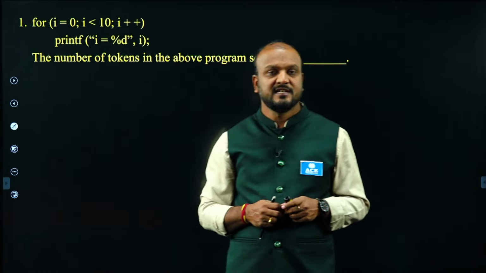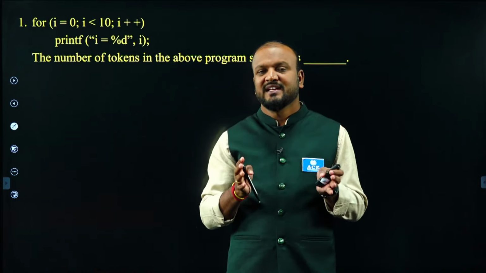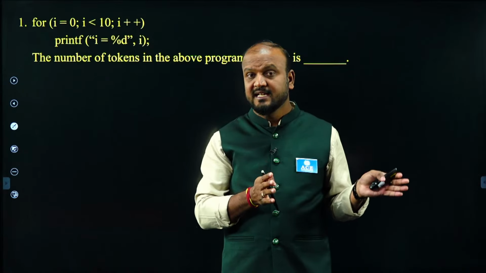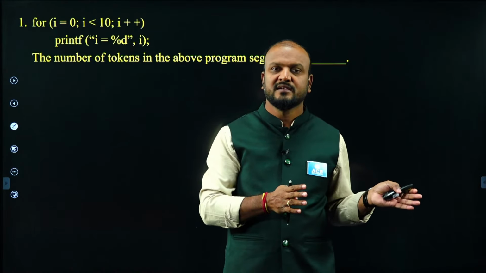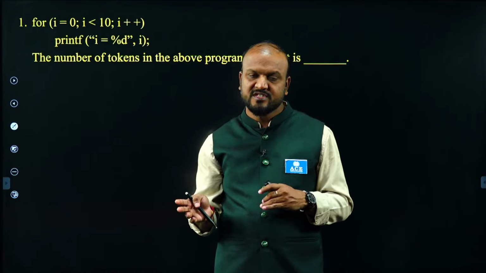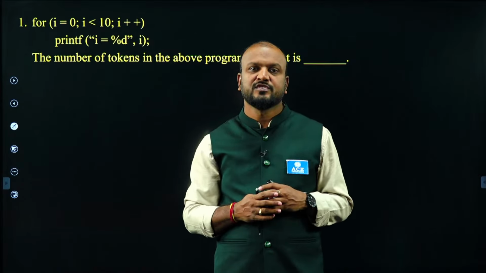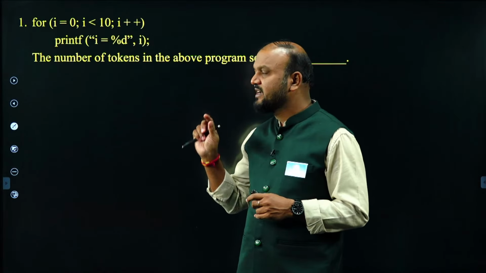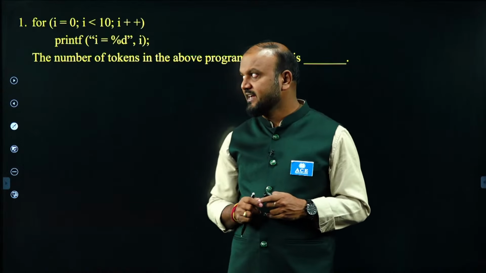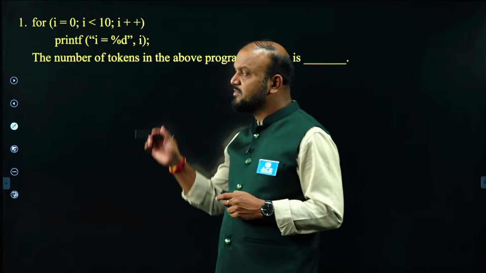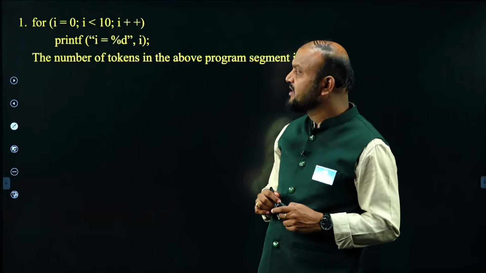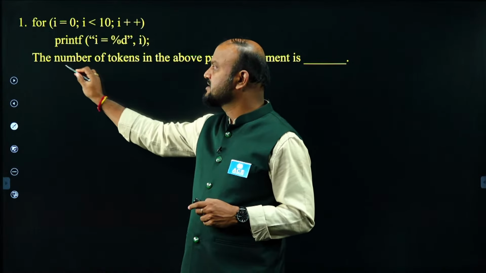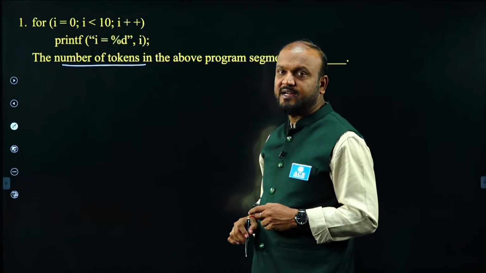We'll start with the first chapter. In the first chapter, you can expect theoretical questions on compiler phase inputs and outputs, match the following kind of questions, and you will be given a program snippet and asked to find the tokens. Suppose a program snippet is given and asked how many tokens are in the above program.